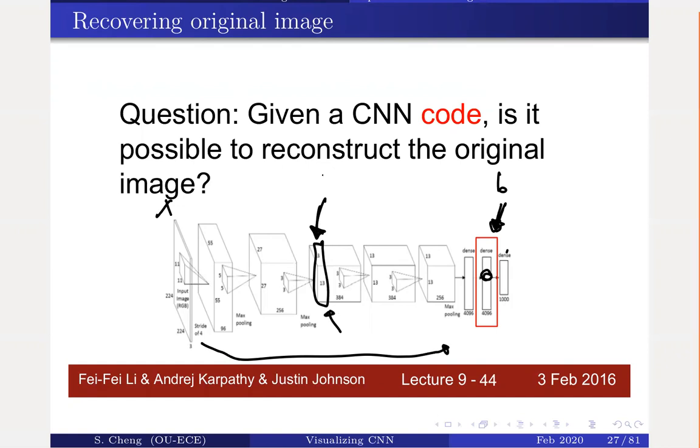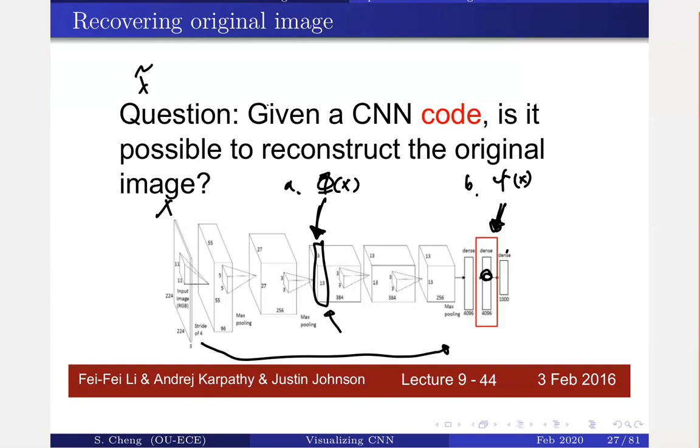Maybe I call this phi x, and this one psi x. Now maybe I call this A, and this one B. So now if I go to this optimization, I get this x tilde, the new image.